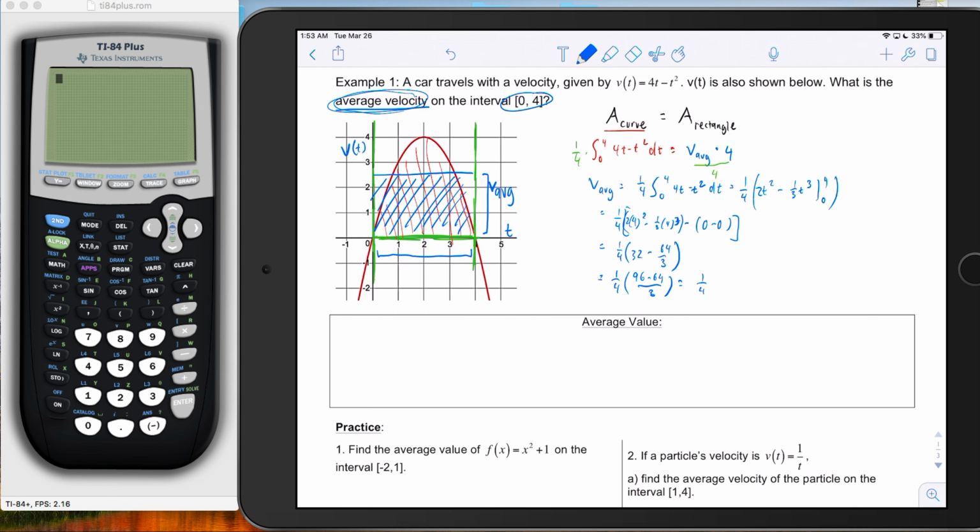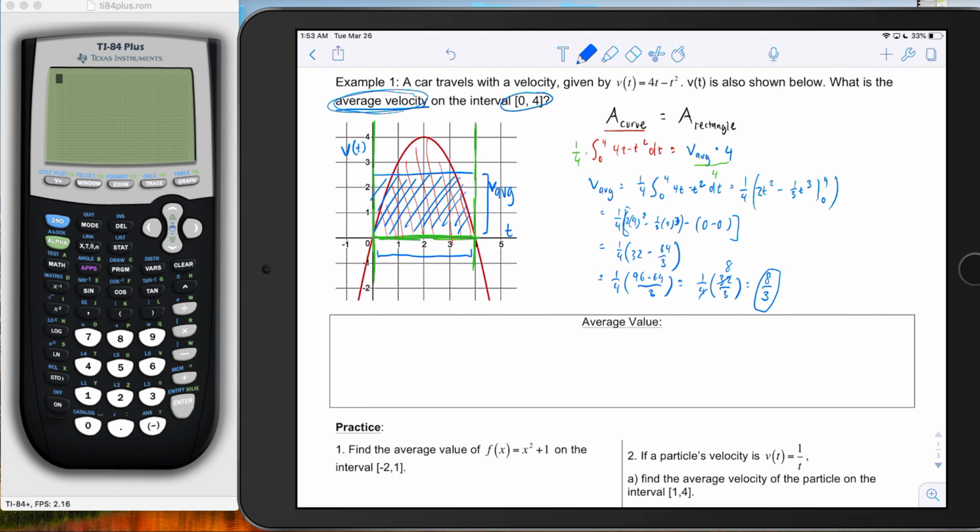So we got 1/4, 96 minus 64 is just 32 over 3, and 32 can divide by 4, which would give us 8, so the final answer is 8/3 is our average velocity. And they don't give us units, so there you have it, 8/3.